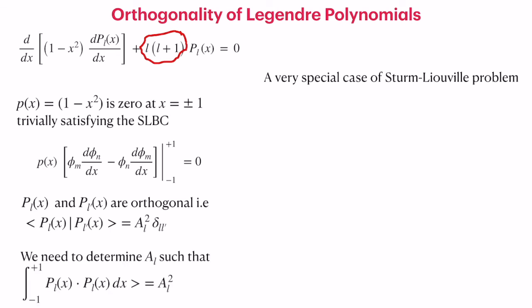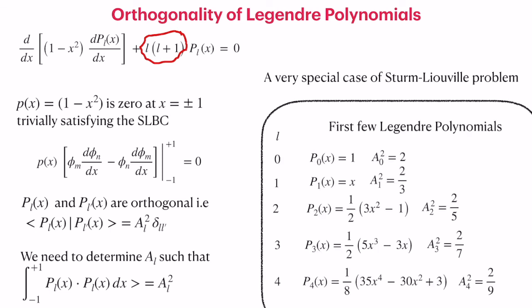So we need to determine that. That's the integral from minus 1 to plus 1 of PL of x into PL of x dx. One needs to evaluate that, and one can do it step by step. There is a general procedure to do it. Since we have evaluated some polynomials, we can directly compute them.